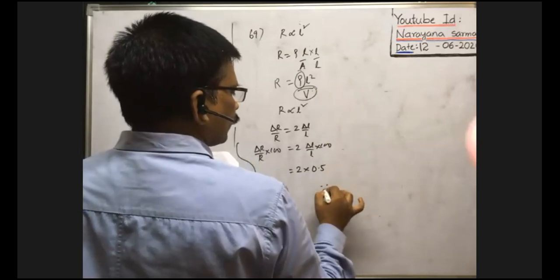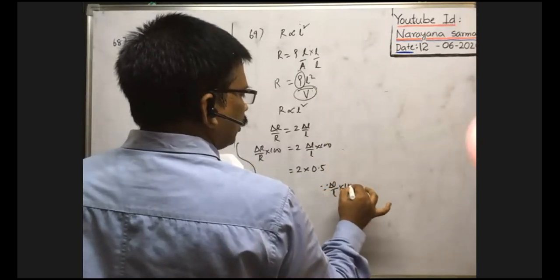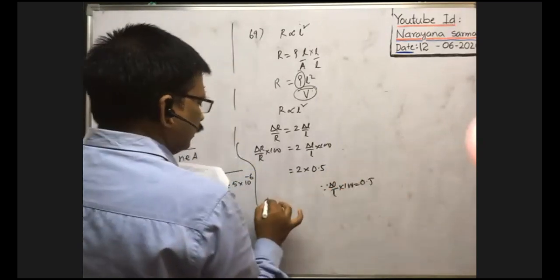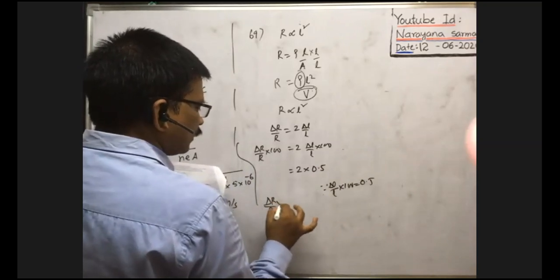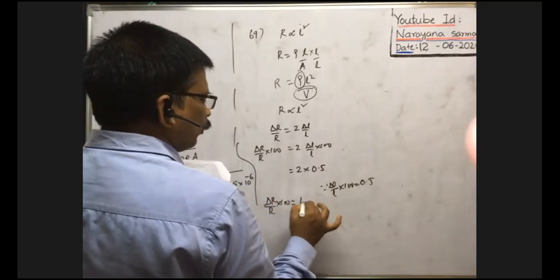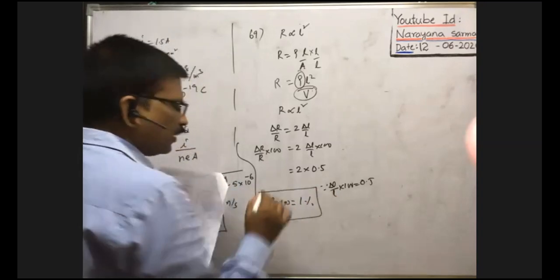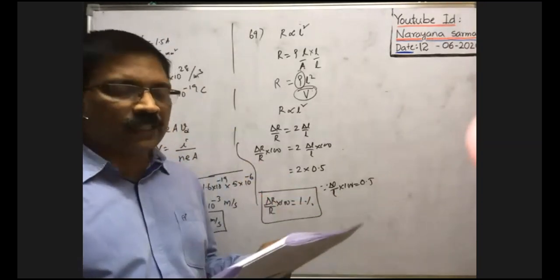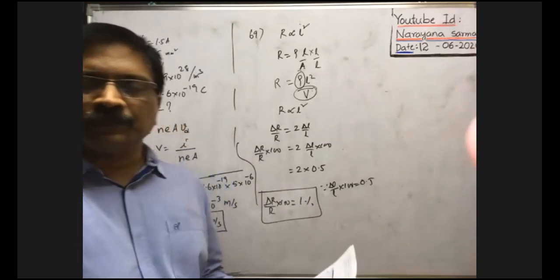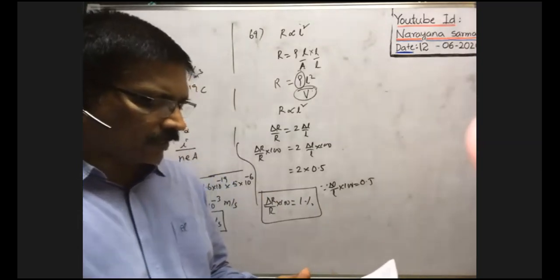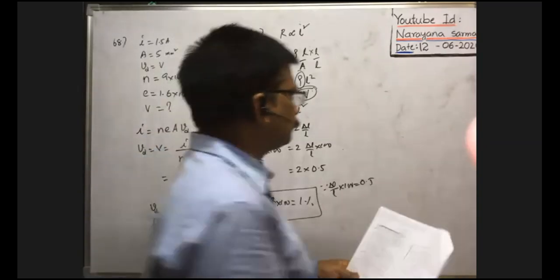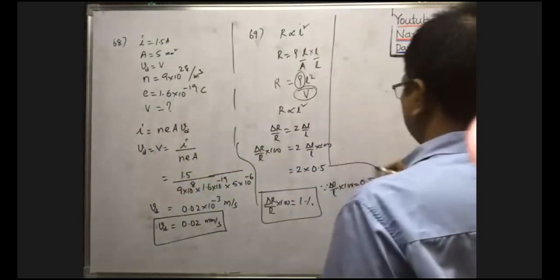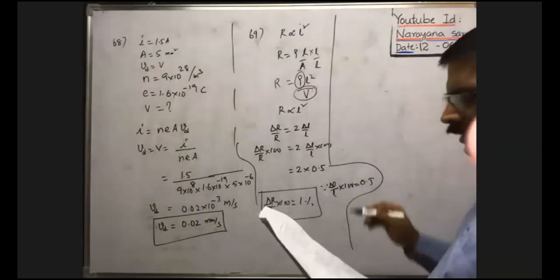Since delta L by L into 100 is equal to 0.5% given, therefore percentage change in the resistance, delta R by R into 100, is equal to 1%, no? So percentage change in the resistance is 1% when the given wire is stretched so that its length increases by 0.5%. Okay? Yeah, option C correct. Next. 70th problem.